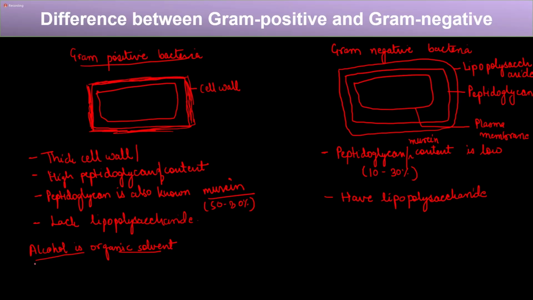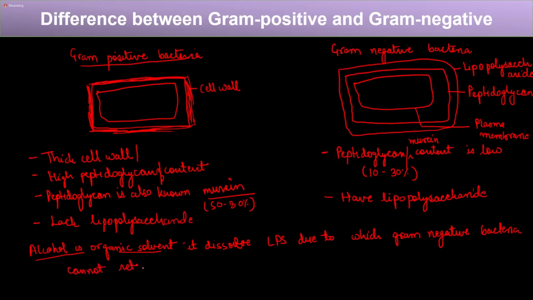So, because alcohol is an organic solvent, it dissolves this LPS, due to which the gram-negative bacteria cannot retain crystal violet.